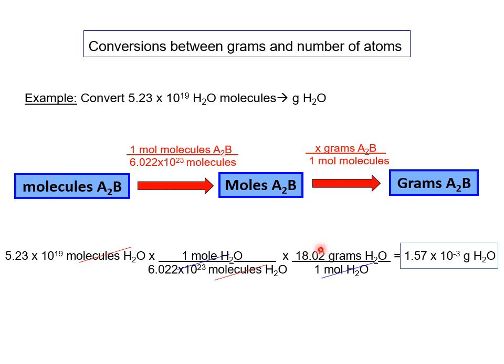I put the grams on top because that's what I'm trying to get, right? It's telling me to find grams of water. I'm trying to cancel moles. Moles goes on bottom. Remember that the mole is always 1. So the number from the periodic table goes on top. I divide and multiply through. My final answer should just have 3 significant figures because I was given 3 significant figures up here.